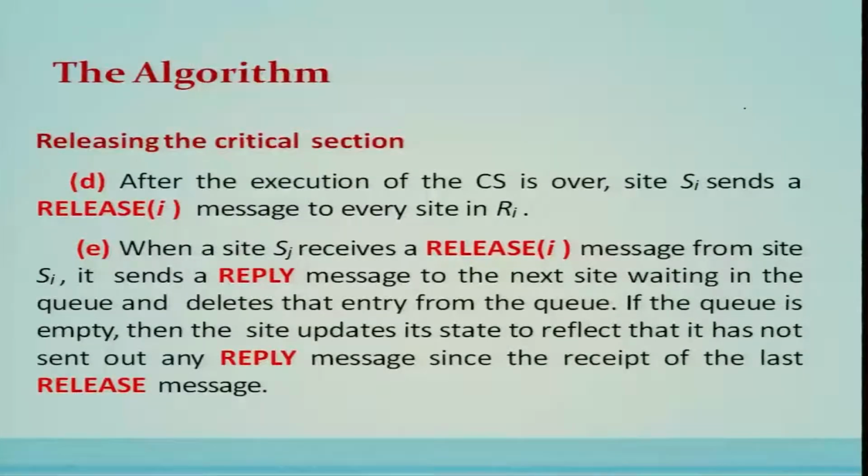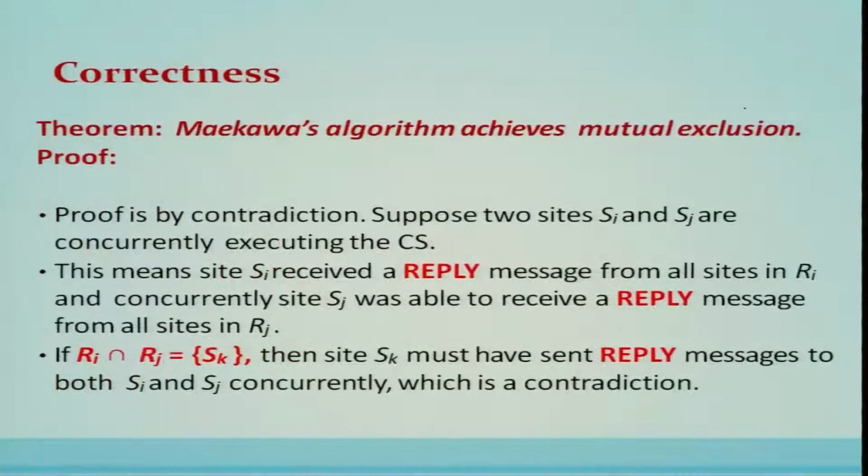When a site Sj receives a release message from site Si, it sends a reply message to the next site waiting in the queue and deletes that entry from the queue. If the queue is empty, then the site updates its state to reflect that it has not sent out any reply message since the receipt of the last release message.